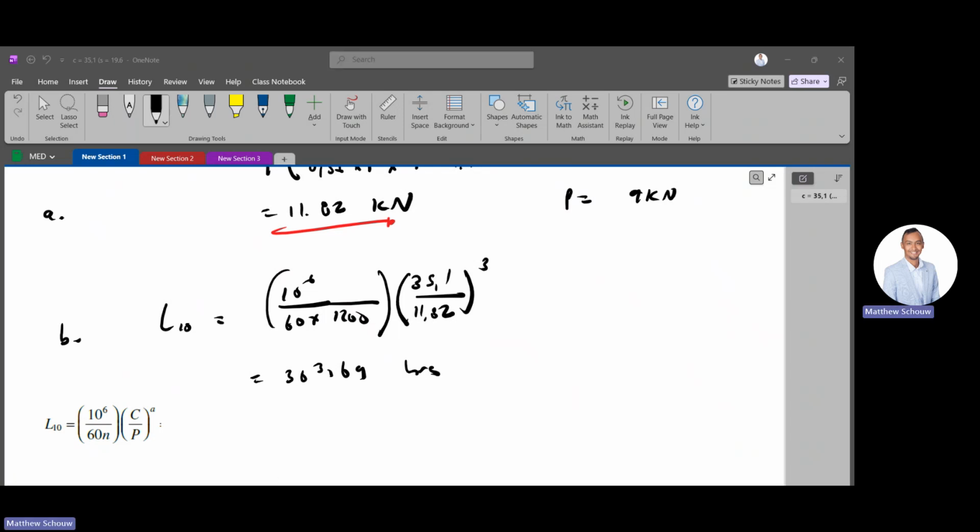And what that tells us is that's the amount of hours. So that should be sufficient.